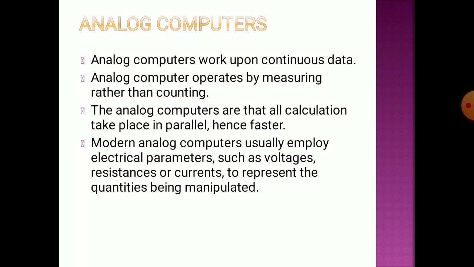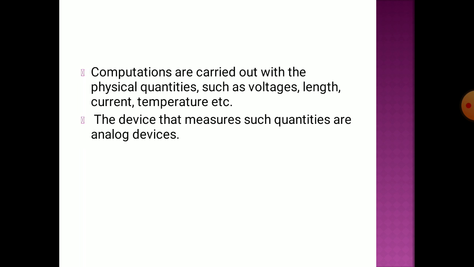One general example of an analog computer is a thermometer, which is used to measure temperature. So electronic devices that work or calculate based on the measurement concept are called analog computers.